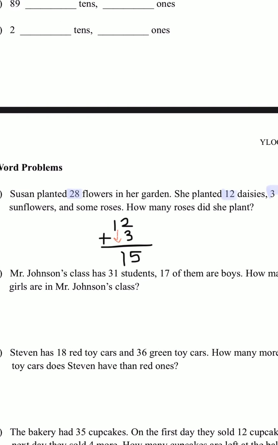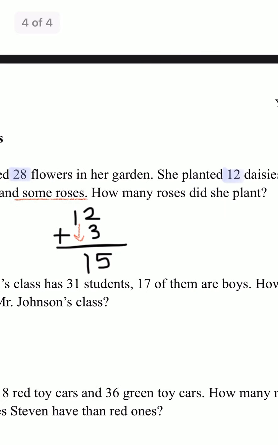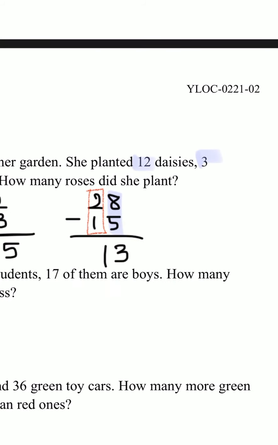And some roses. So to find how many roses she planted, we're going to do 28 minus 15. 8 minus 5 is going to be 3, and 2 minus 1 is 1. So she planted 13 roses in her garden.